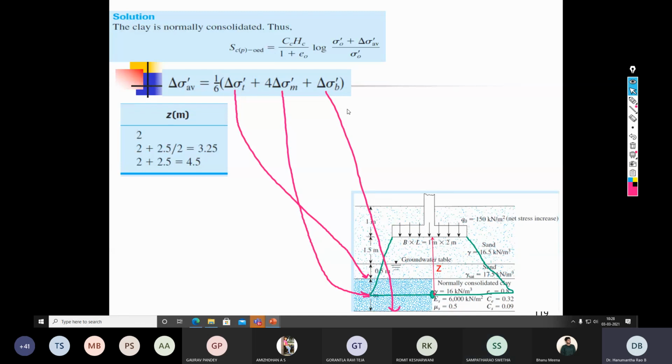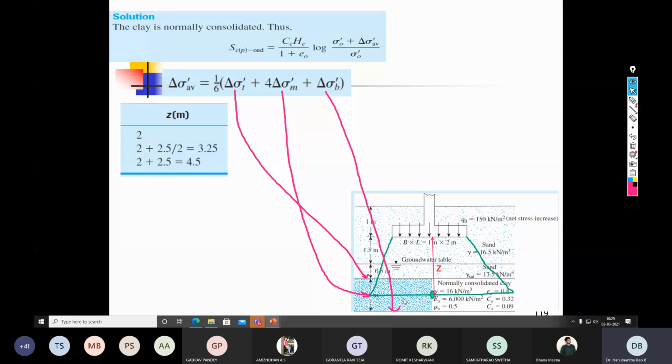Either you can follow the previous sum, where you directly calculate the delta sigma based on 2:1 load distribution at the middle of the layer, or alternatively you can use this equation. Delta sigma average is 1 by 6 into delta sigma at top plus 4 times delta sigma at middle plus delta sigma at bottom.